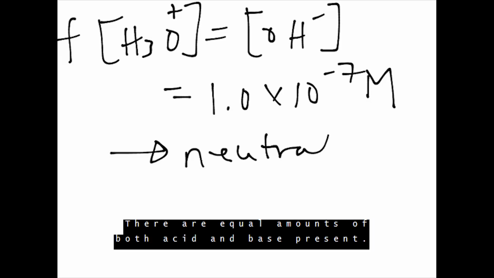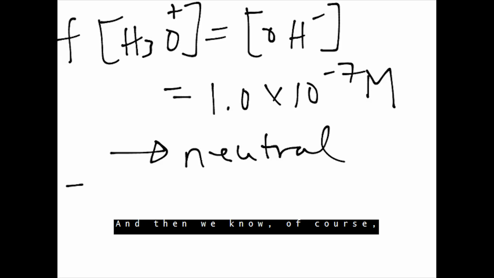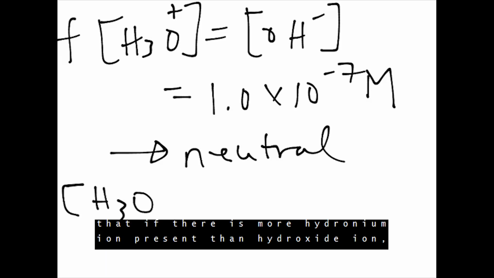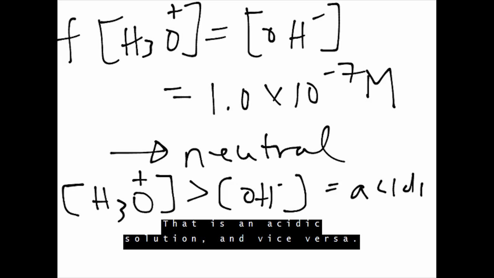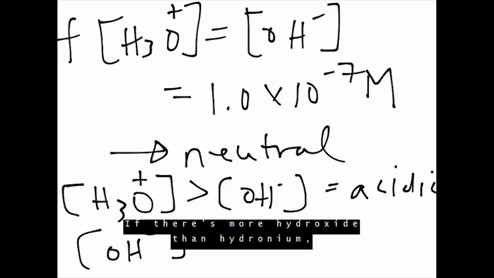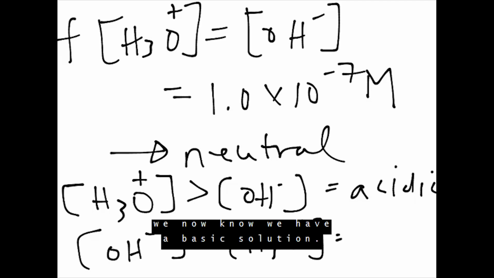There are equal amounts of both acid and base present. And then we know, of course, that if there is more hydronium ion present than hydroxide ion, then we now have more H pluses floating around. That is an acidic solution. And vice versa, if there's more hydroxide than hydronium, we now know we have a basic solution.